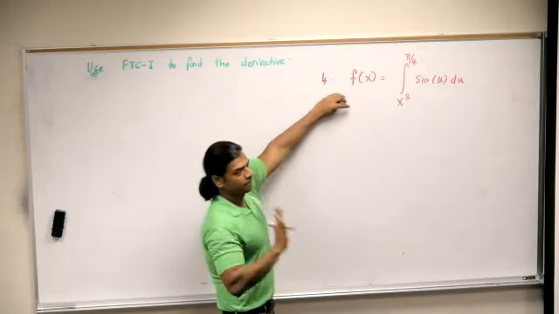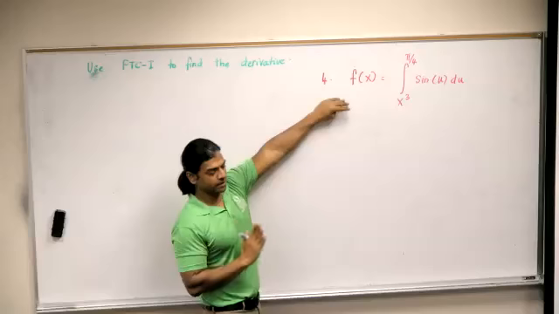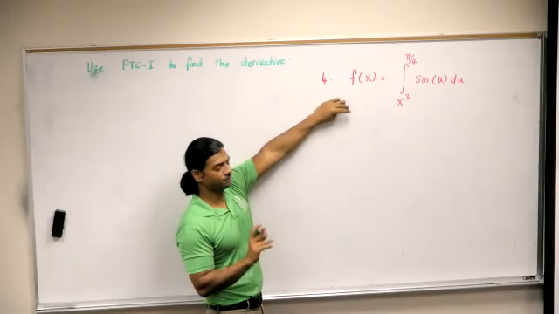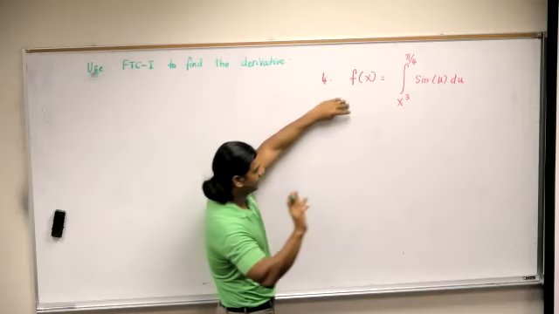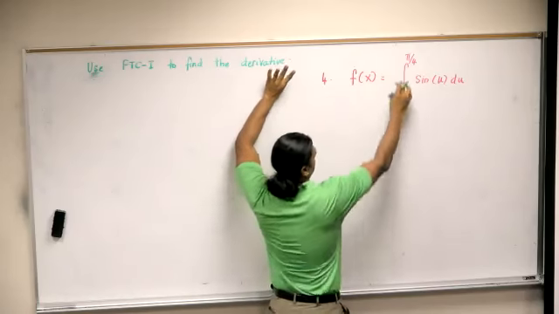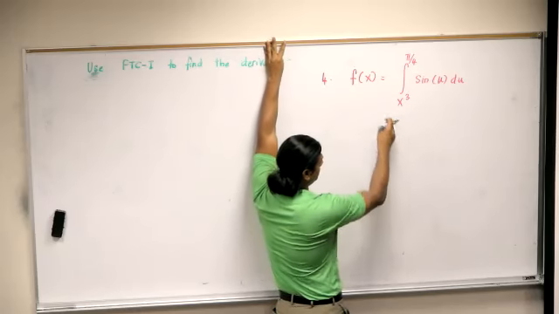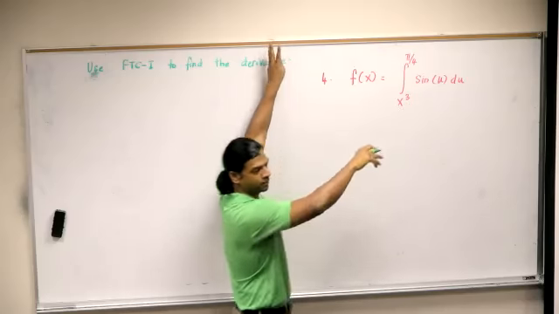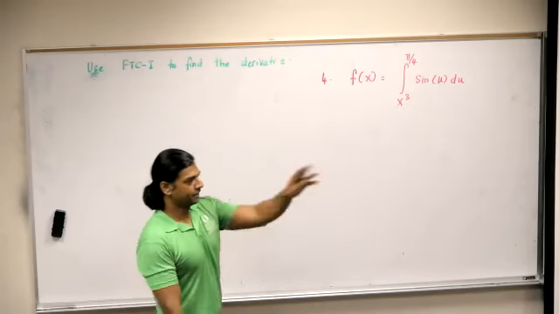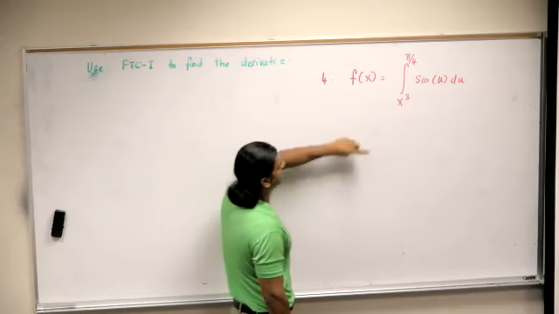So, first method, I want to use FTC1, which simply states, as long as I have pi over 4 in the lower limit, then I can plug in the upper limit, take the derivative, whatnot.